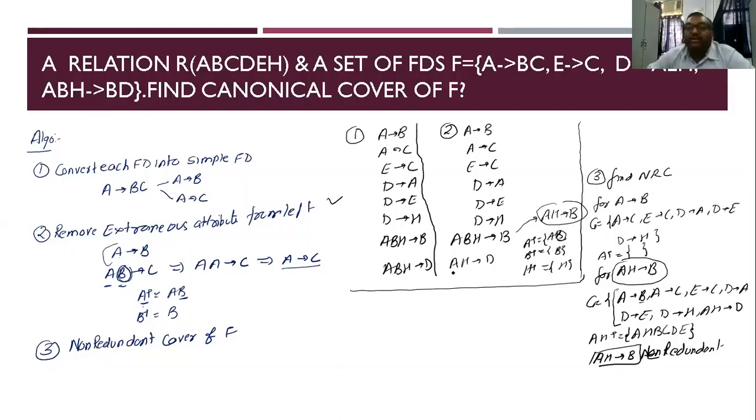Now you check for the FD AH determines D. When you check for AH determines D, what happens? The G is A determines B, A determines C, E determines C, D determines A, D determines E, D determines H. AH determines B is redundant, so no need to take it.